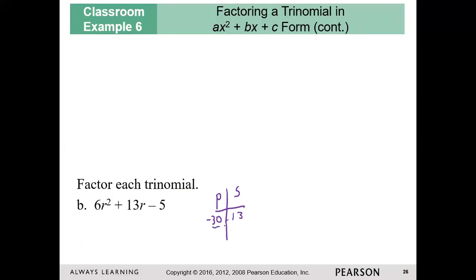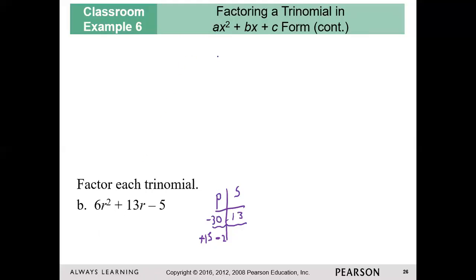You have to commit to understanding that one of these is positive and one of them is negative, absolutely 100%. So that means that this is going to be 15 and this is going to be negative 2, right? Because 15 minus 2 is 13, all right?